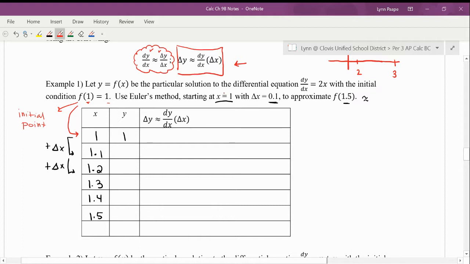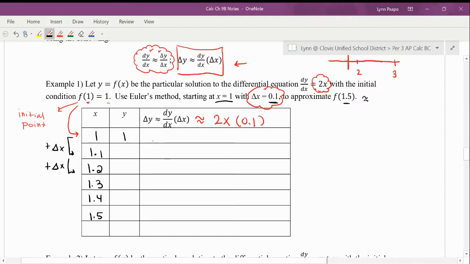So close to that. So then this is our formula: delta y is about equal to dy over dx times delta x. So now we're going to do a substitution. I have dy over dx, which will always be given to us, which is 2x. And then I'm going to multiply that by my delta x, which was 0.1. And then that will find me my delta y.